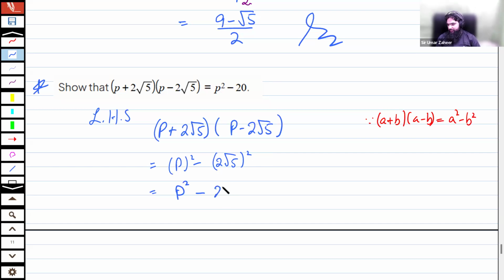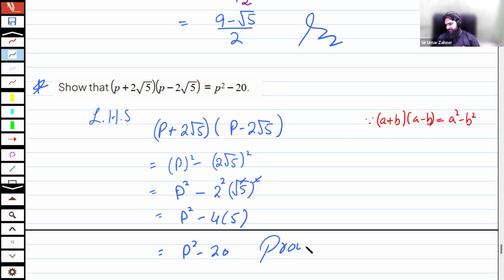Apply the square on 2, as well as on square root 5. So it will be p square, 2 square will be 4. Square and square root will be cancelled out. So 4 times 5 will be 20. And this is the thing that we needed to prove.